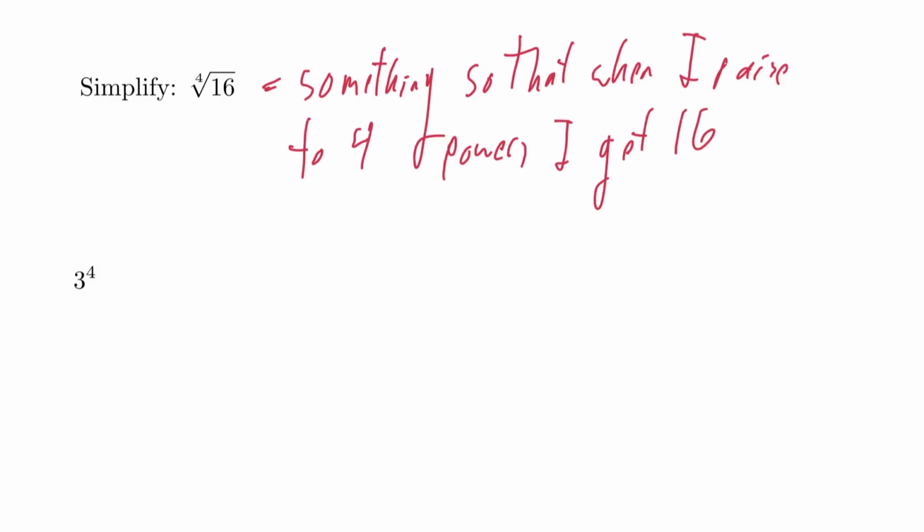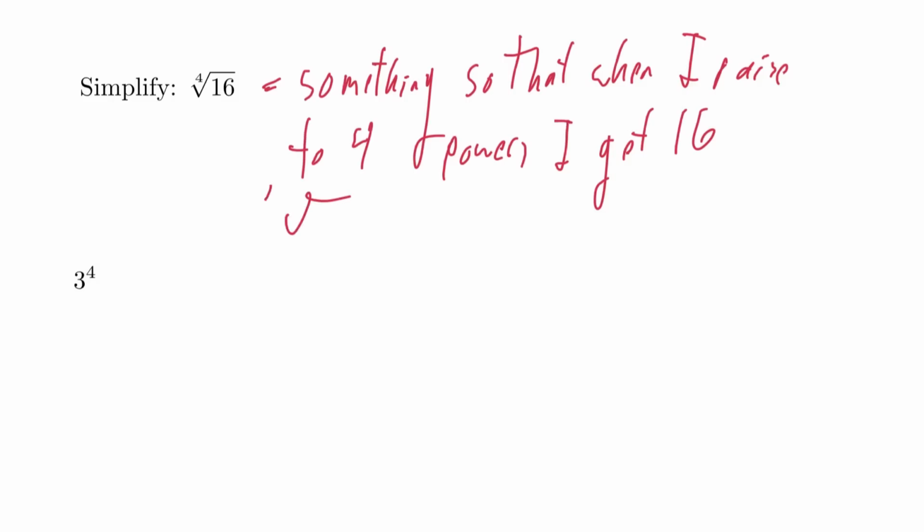So can we think of a number so that when I multiply it by itself 4 times, I get 16? Well, if you think for a minute, 2 works. 2 times 2 is 4, times another 2 is 8, times a 4th 2 is 16.